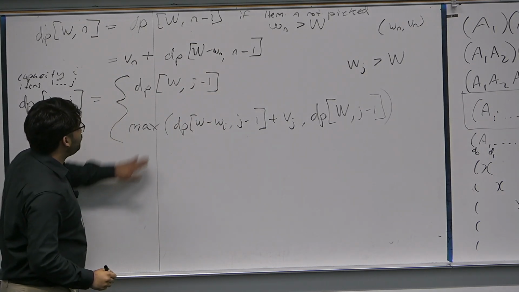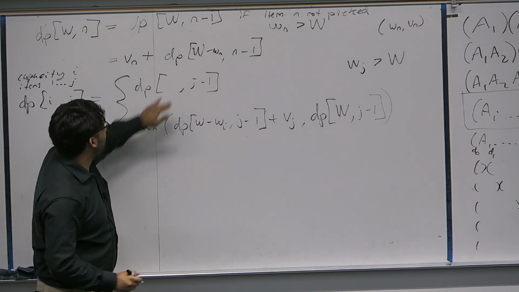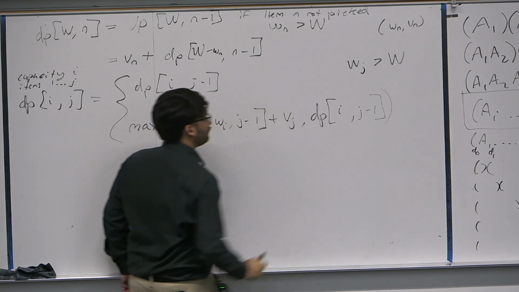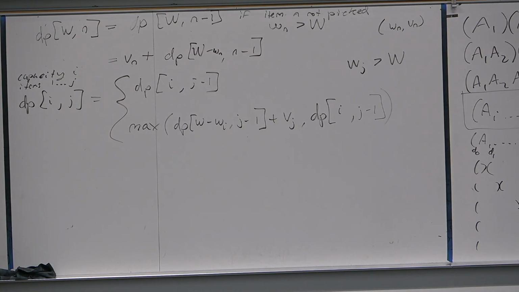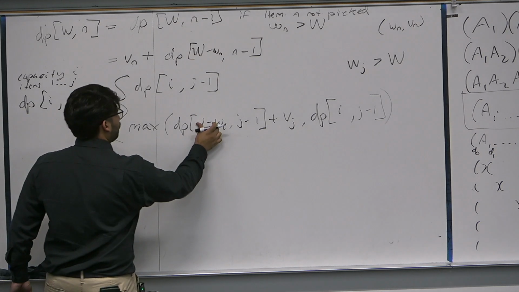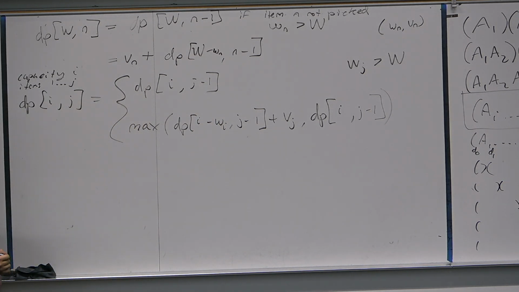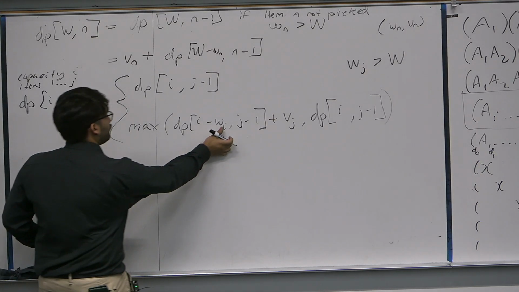Hold on. This should be, sorry, no. i. There we go. Anyone notice that, right? Question? There's one more W that needs to be replaced with i. Yes. Thank you. And then also the subscript next to it should be j, not i. Wj, yes, thank you.